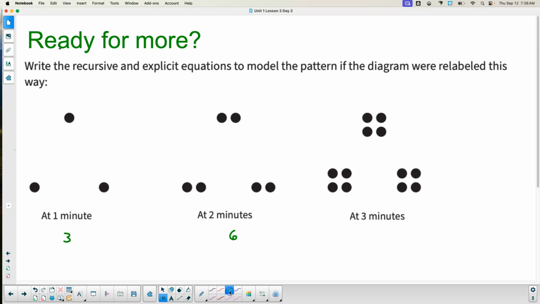After 3 minutes, 1, 2, 3, 4, 5, 6, 7, 8, 9, 10, 11, we have 12 dots. So we can see a pattern going on there. It appears that we are multiplying by 2 each and every time.